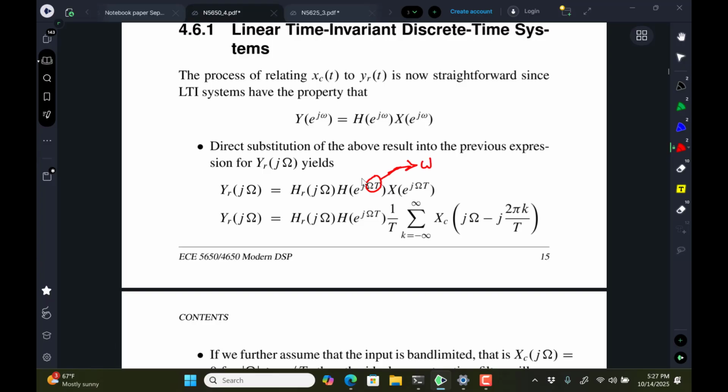So that's nice and easy, and then we can take the X of e to the j cap omega times T and write that as all of the images of the original input spectrum.